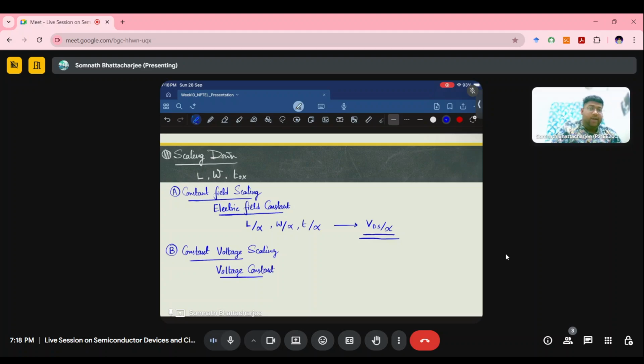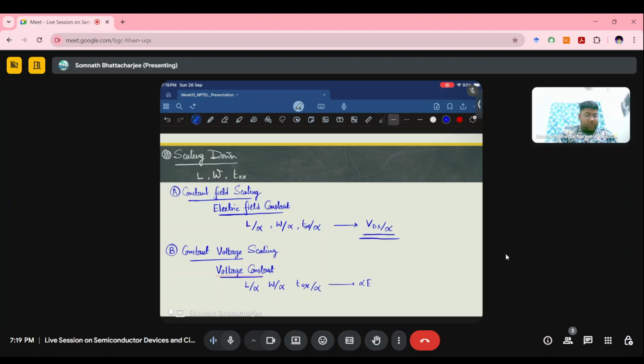We reduce the dimensions similarly, and we increase the electric field by the factor alpha. So what will it make? It will keep the voltage values constant, although we have already physically reduced the size of the device.